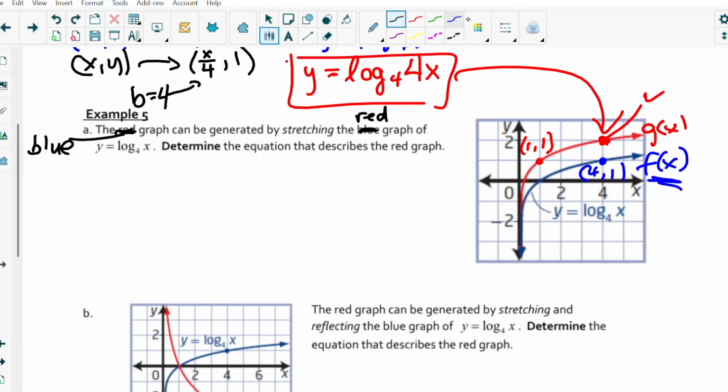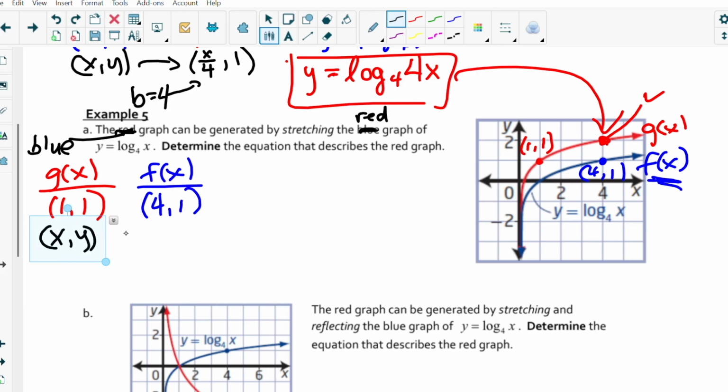Okay, so now if I have g of x, it has the point 1, 1. F of x, what's that corresponding point? That's 4, 1. So I'm going from x, y. Well, I'm only changing my x values, folks. So that's 4x, comma, y. That's my mapping.